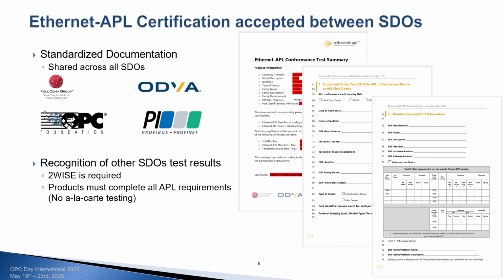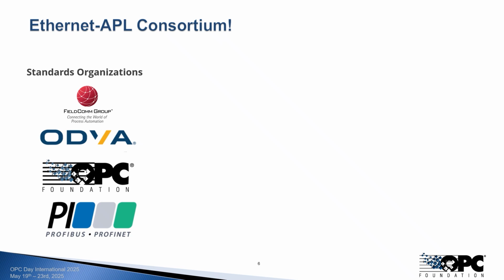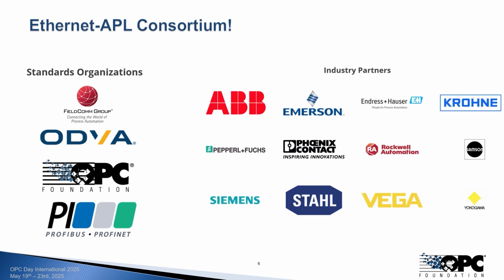You may be wondering why this happened. Well, the APL consortium is more than just these standards bodies. There's also a list of industrial partners that joined. So these partners all typically have devices that speak more than one of the protocols. So they may have OPC UA and PI or ODVA and any of the other communications groups.